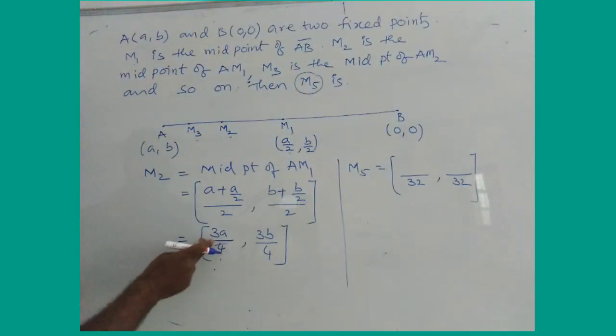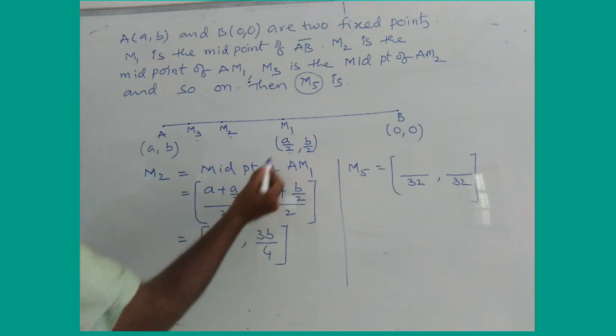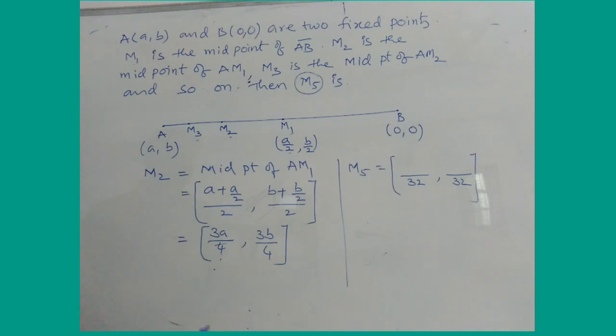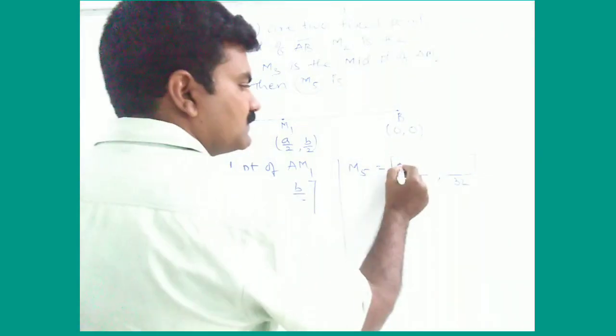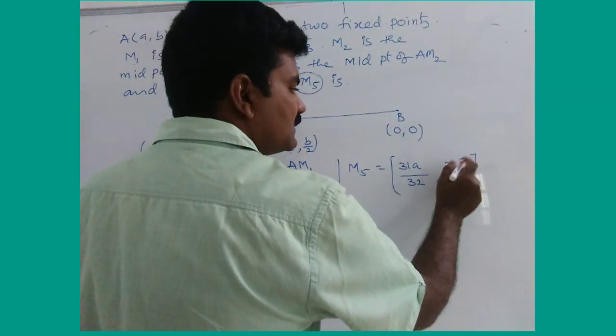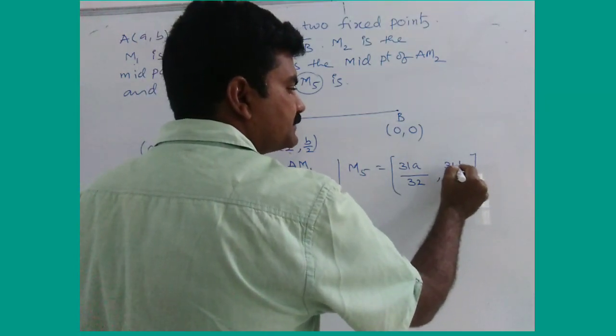And just look at the above things. When the denominator is 2, coefficient of a is 1. When the denominator is 4, coefficient of a is 3. Means coefficient of a is 1 less than the denominator. Hence, this is 31a and this is 31b.